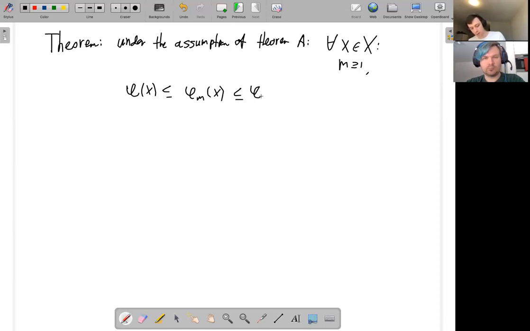And if we add logarithm of the radius, then this gives an upper bound.